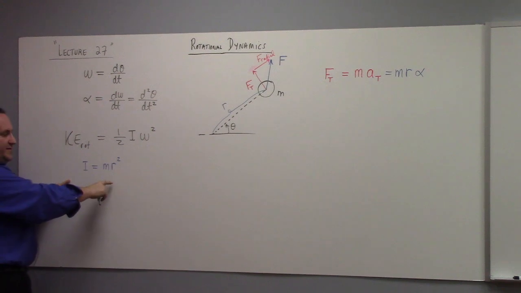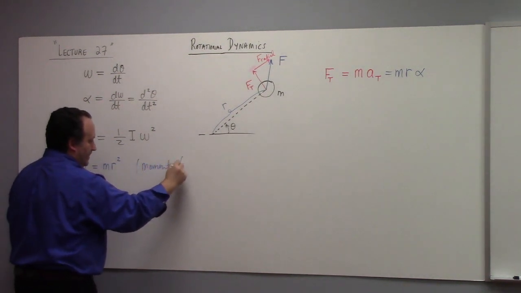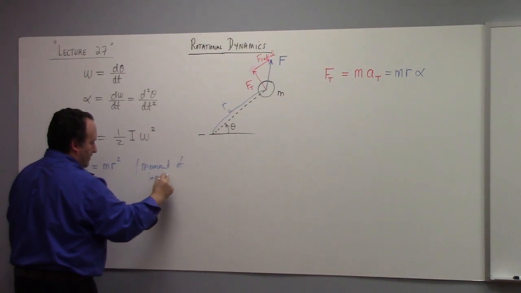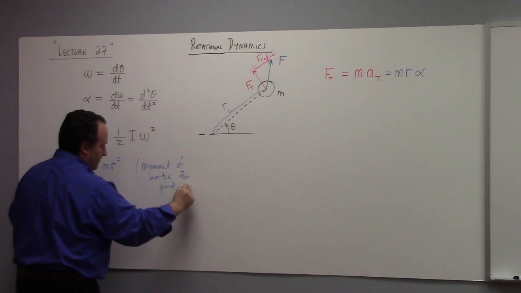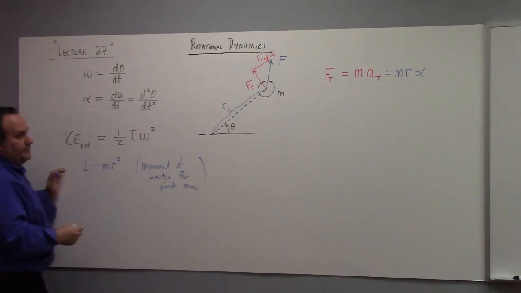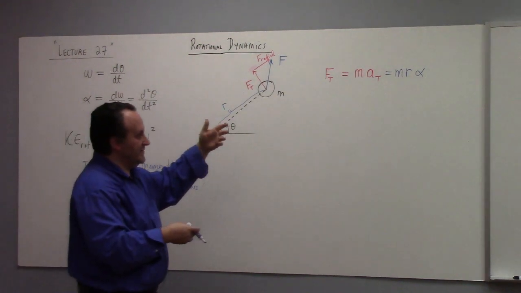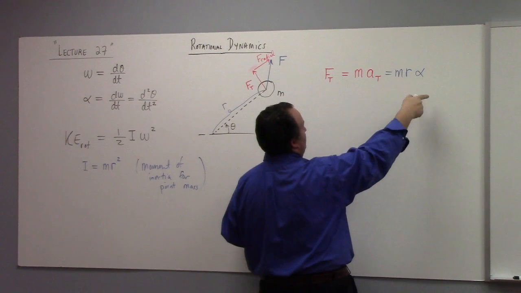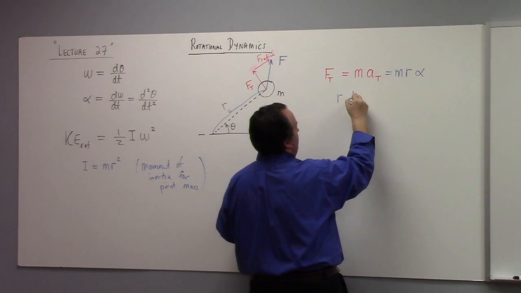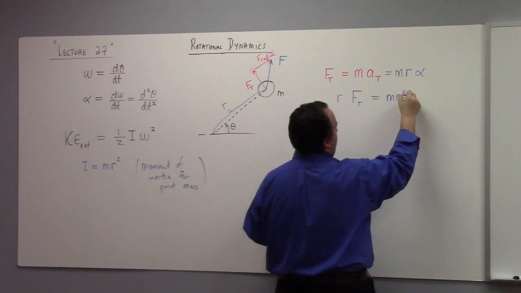This is the moment of inertia for a point mass. So if we want to see that in this, I should just multiply by r squared. So if I do r times the tangential force, we get m r squared alpha, right?